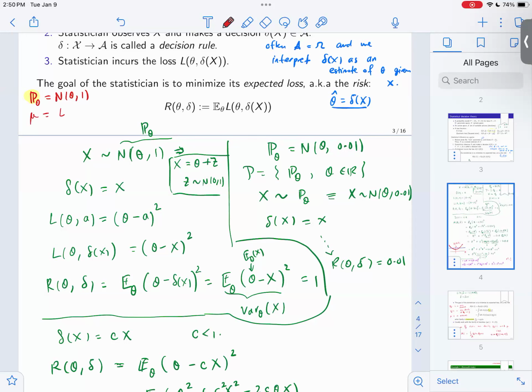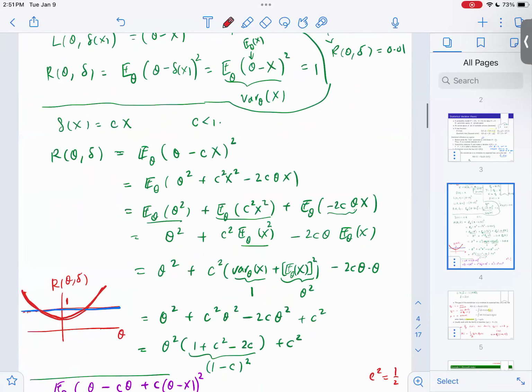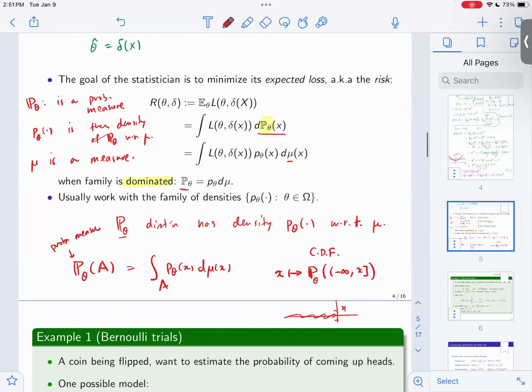We can take mu to be the Lebesgue measure on the real line R. And then p theta of x would be this nice formula that you know, 1 over root 2 pi, e to the negative (x minus theta) squared over 2. Right. So the density is this, and the integral is this density dx. Sounds good?